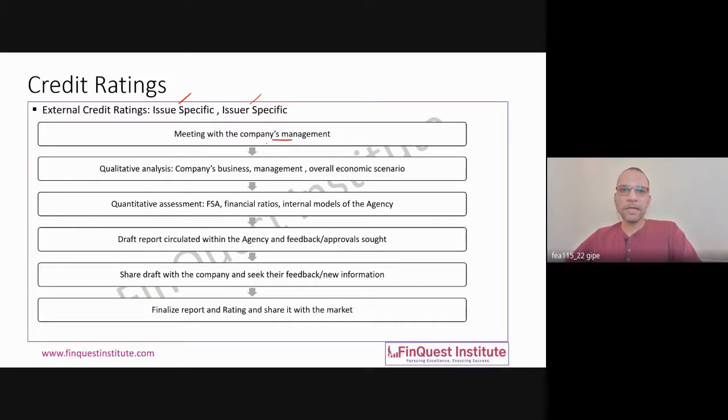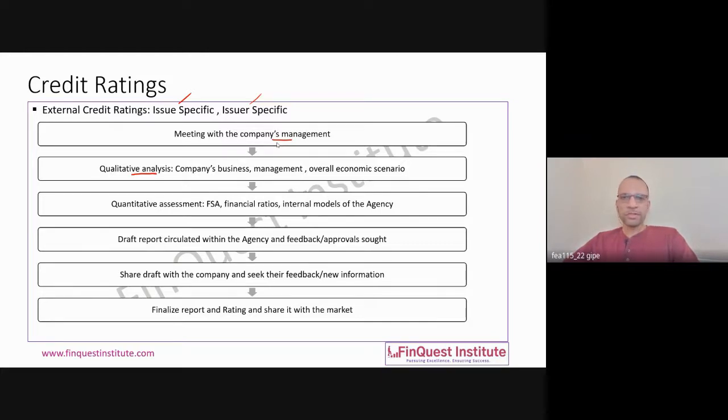Once the management meeting happens, the analysts will go back to their offices and start with a certain qualitative analysis. So this will be analyzing your company's business. I would say it would either be a top-down or a bottom-up approach because we are to analyze both economic scenarios, the company's business, and what all things the management has stated as well.